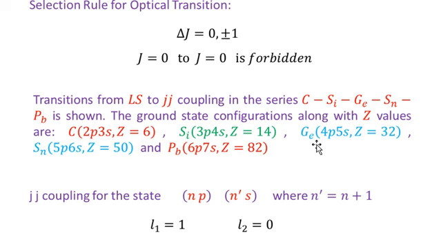You will note that for all these atoms, the ground state has the same electrons, that is the p electron and the s electron. Though the principal quantum numbers are different, the orbitals are the same.